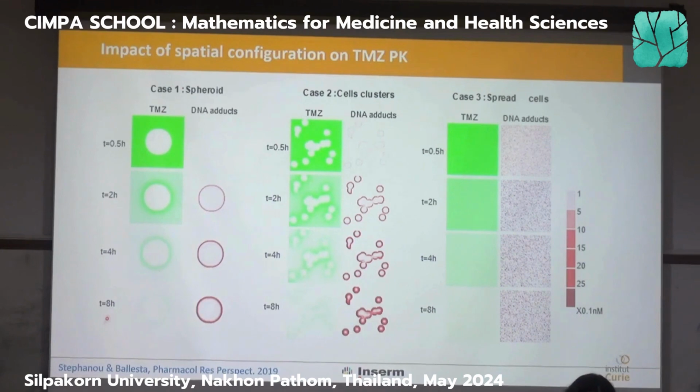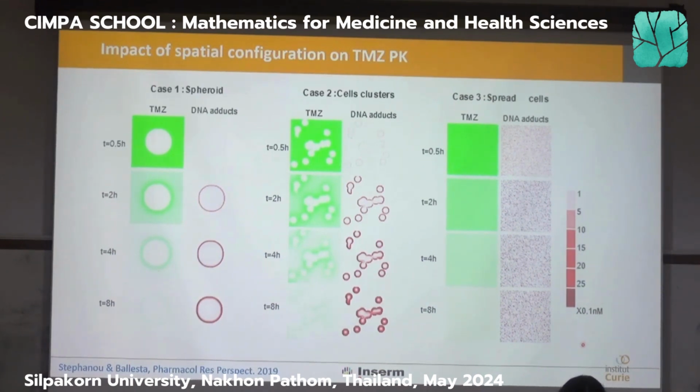And basically, as you can see, when you have smaller spheroids, things are going basically in the same direction. So in the center of the small spheroids, you don't get any drug, hence any DNA damage. And on the opposite, if the cells are spread all over the domain, then you are able to reach them.